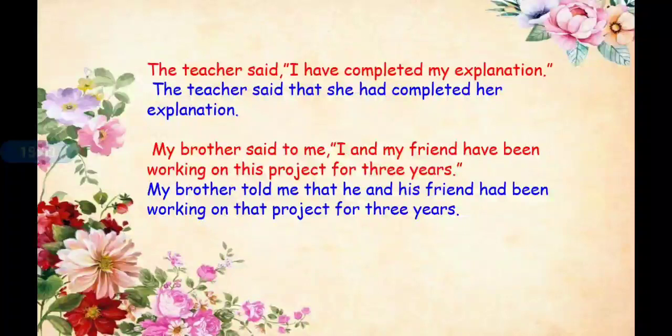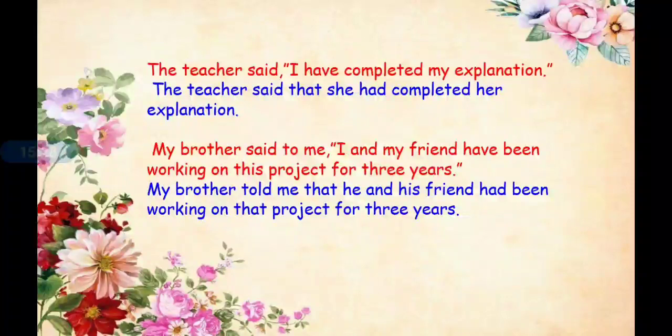The present perfect tense inside the quotation marks, that means the direct sentence, becomes past perfect in the indirect speech. That means it would become had completed. The teacher said that she had completed her explanation. So present perfect would become past perfect in the indirect speech if the reporting verb is in the past tense.